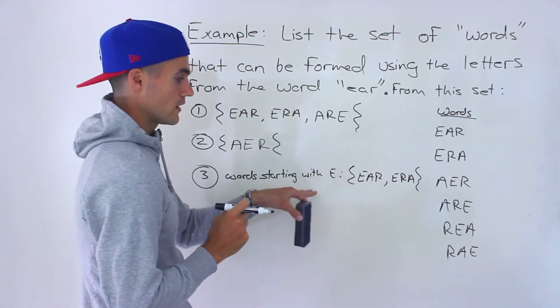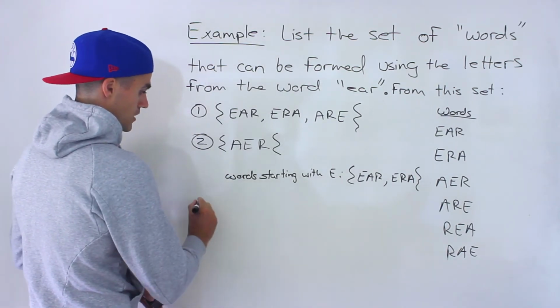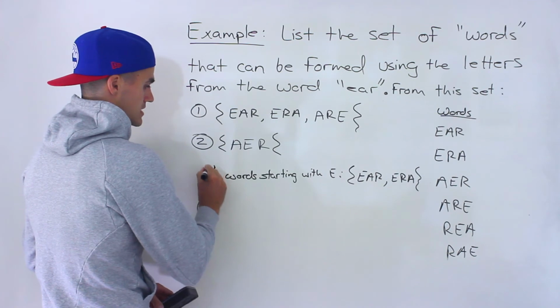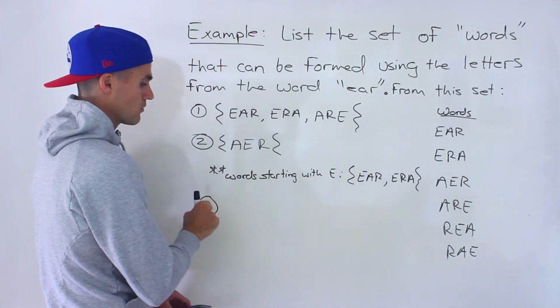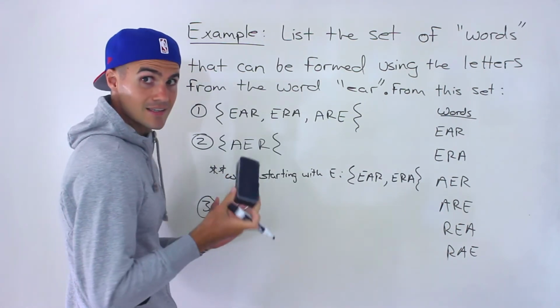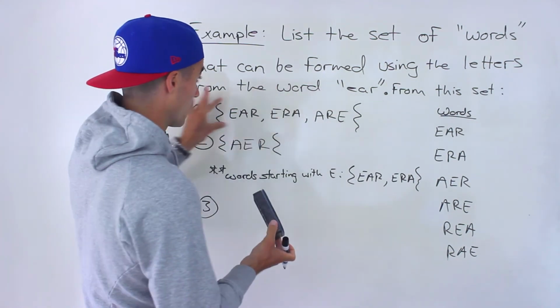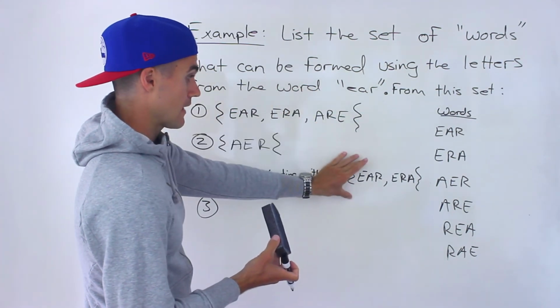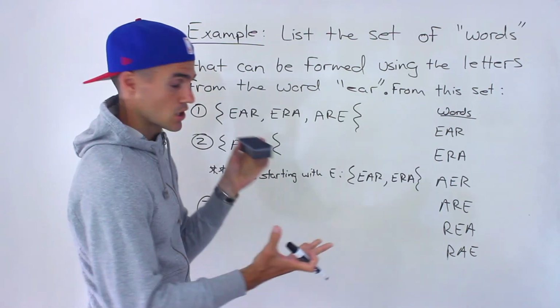Now, what number 3 is asking us for, so let's maybe put number 3 here. This is like side work that we're going to use this subset for 3 and 4. Now, number 3, what it's asking is find the subset that's the intersection between this subset from number 1 and then this subset over here, the words starting with E. And an intersection is common elements.